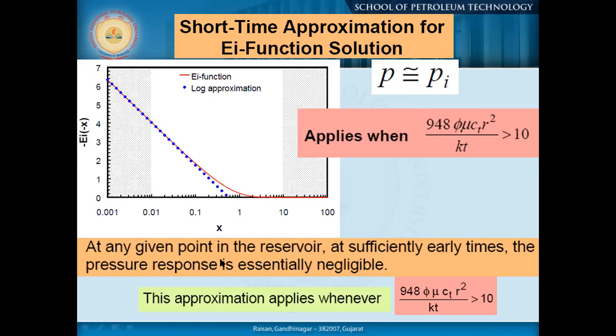At any given point in the reservoir, at sufficiently early time, the pressure response is essentially negligible, because the compressible zone has not yet reached that point. Beyond the compressible zone, the pressure will be as if it were the initial pressure Pi.